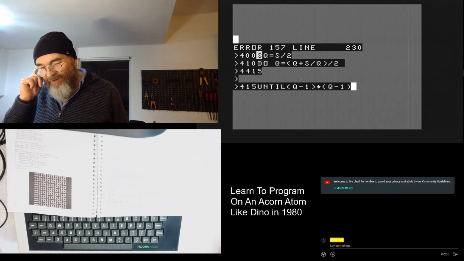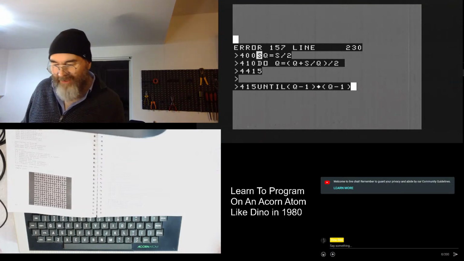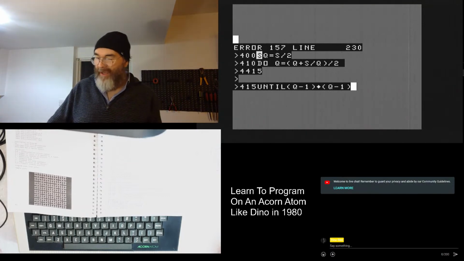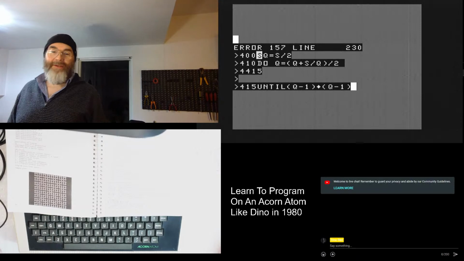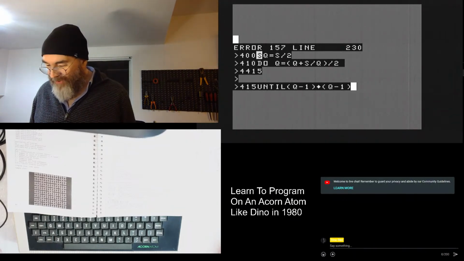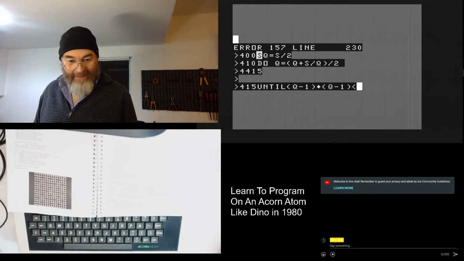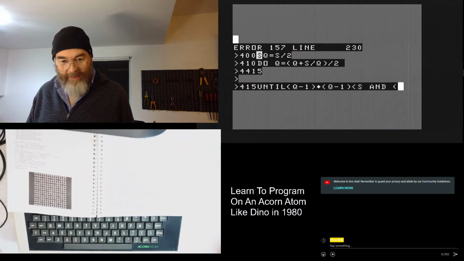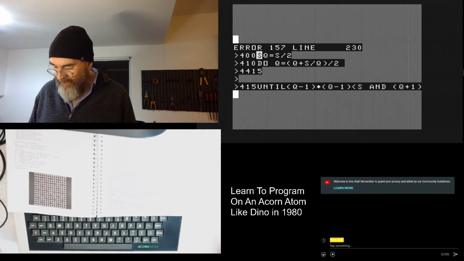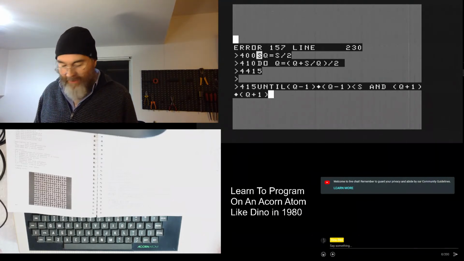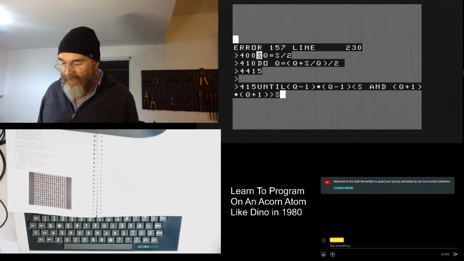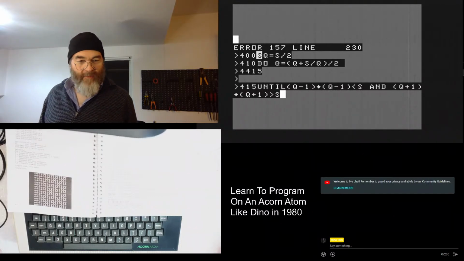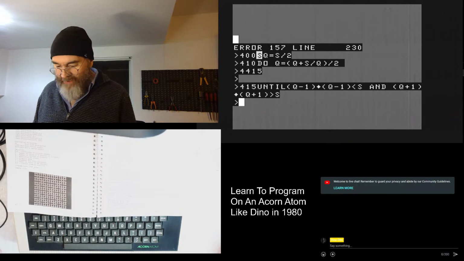So until the result minus 1 squared is less than the number we want, and the result plus 1 squared is bigger than the number that we want. Yes, okay. And Q plus 1 times Q plus 1 is greater than S. 415 and then 420.